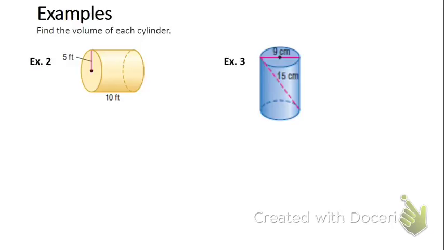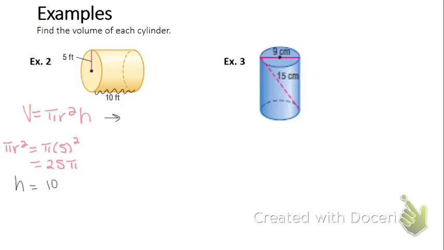Okay, the volume is pi r squared h. So pi r squared is pi times 5 squared, which is 25 pi. And what is the height that connects those two together? 10. So we can put that into our calculators now. So volume equals 25 pi times 10.